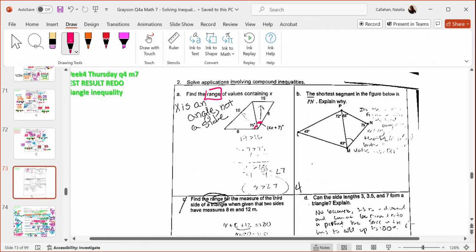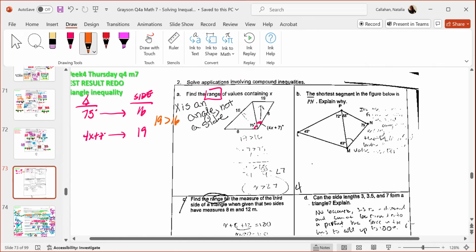So here, what you have here is first angle is 75 degrees. Your second angle is 4x plus 7, right? The side that is opposite of this is 16. These are the angles. These are the sides, correct? Opposite of this angle is 19. Well, which side is bigger? Isn't 19 bigger than 16?